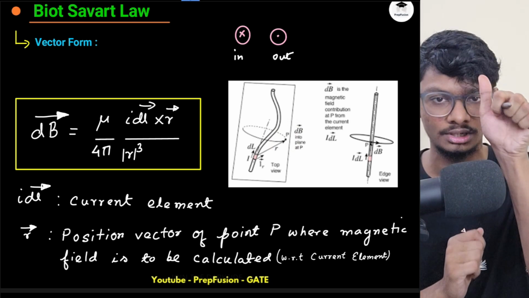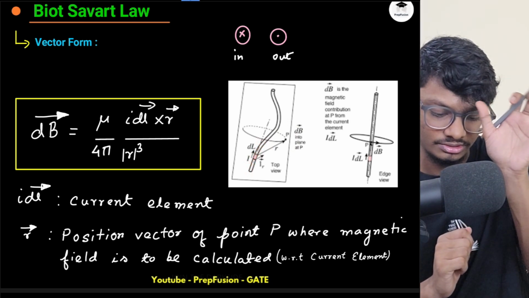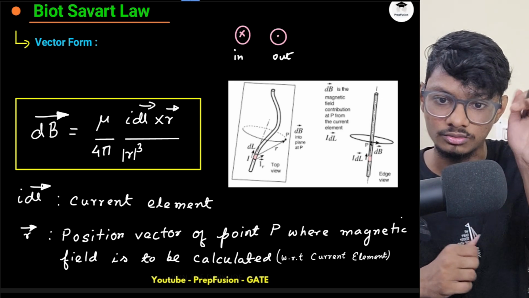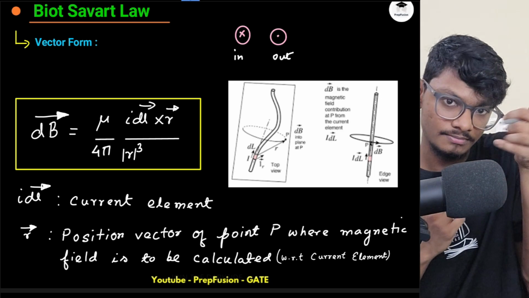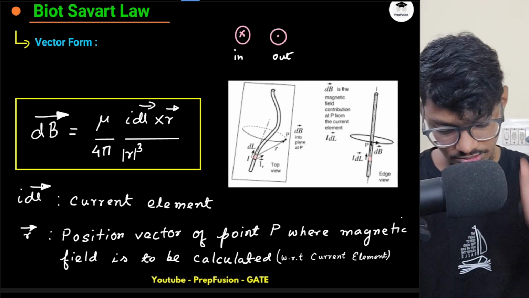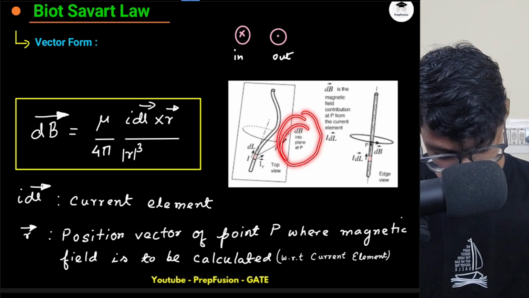Okay, so in the case of P, what are you observing? If I place my thumb and curl my fingers towards it, it is going into the plane at point P. Okay, dB will be into the plane.